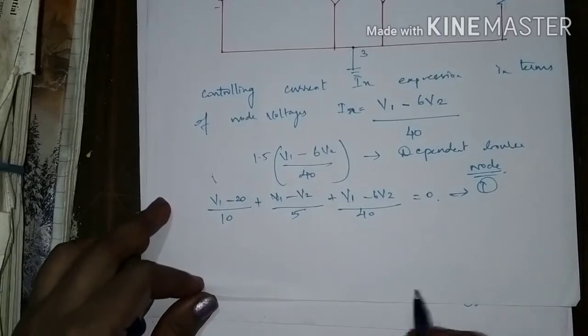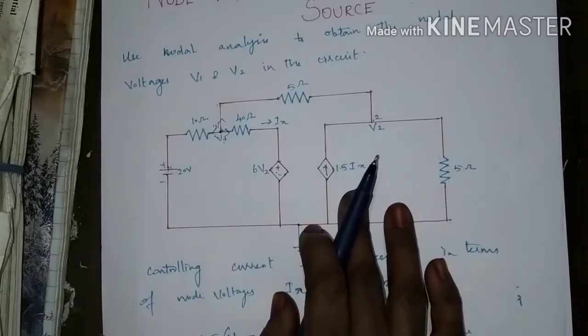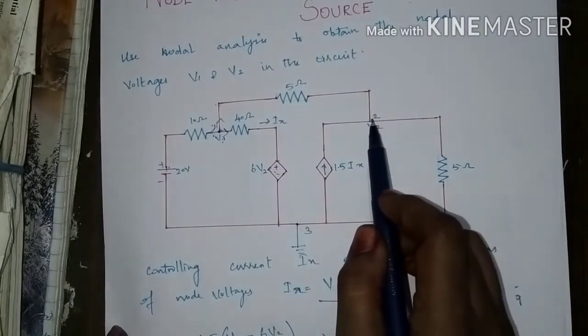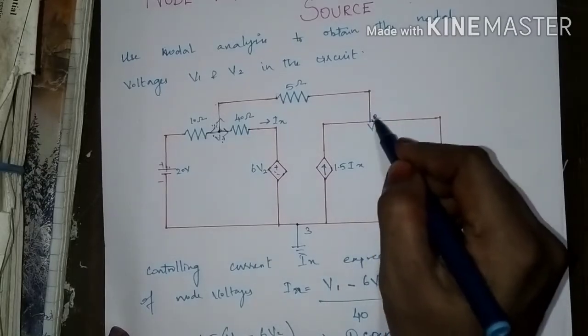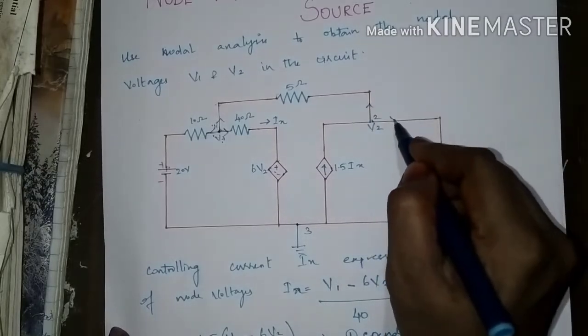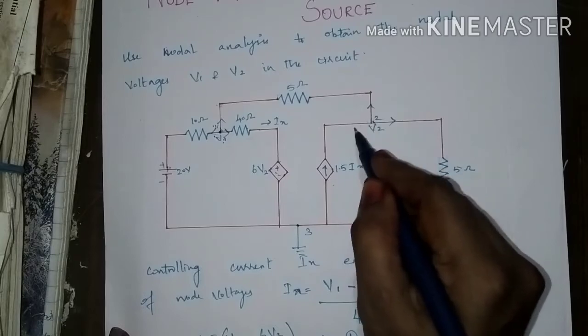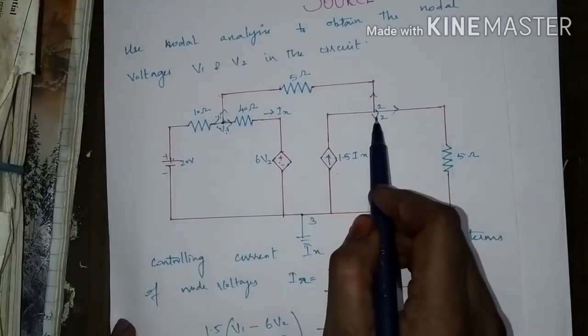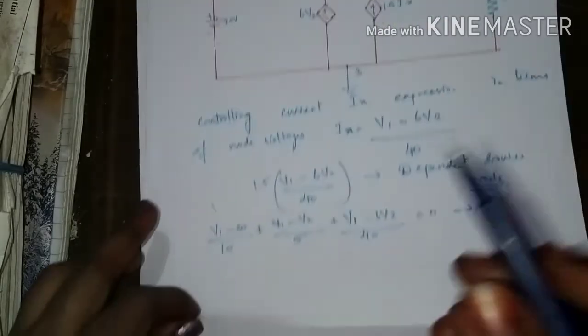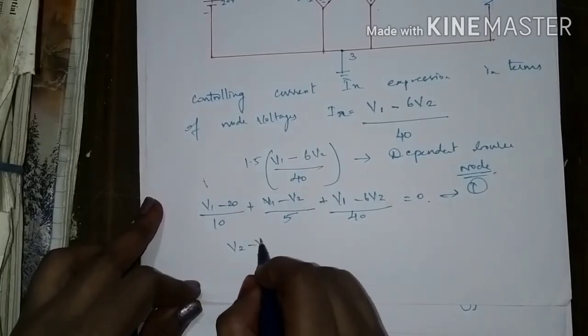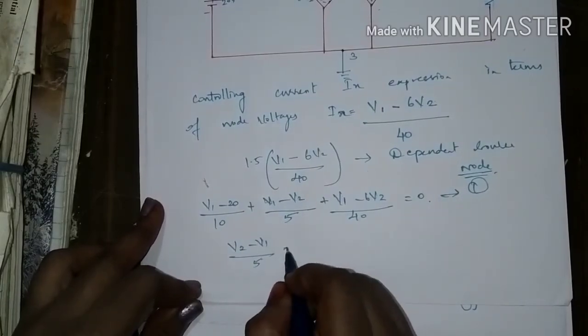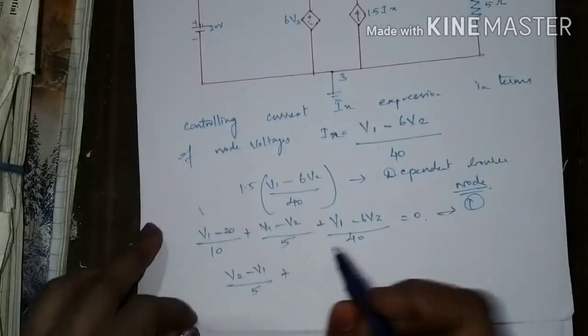And for the second node equation, assume this node is at higher potential, so the current will be leaving this node. Here the current has already been incoming. So V2 minus V1 divided by 5, plus V2 by 5.